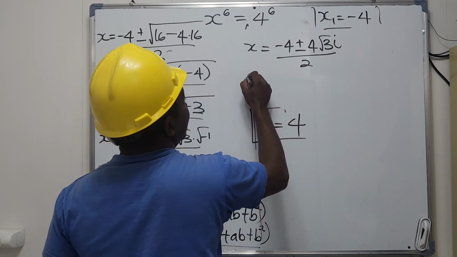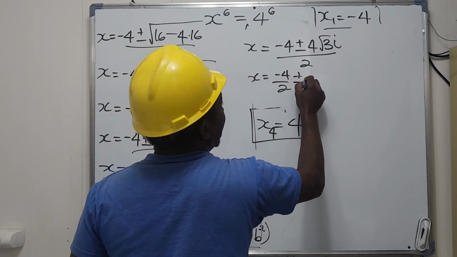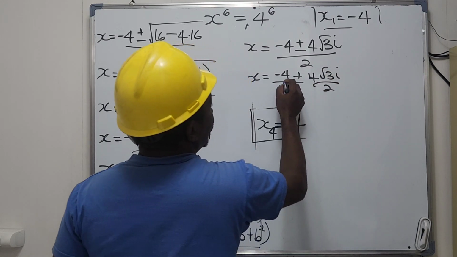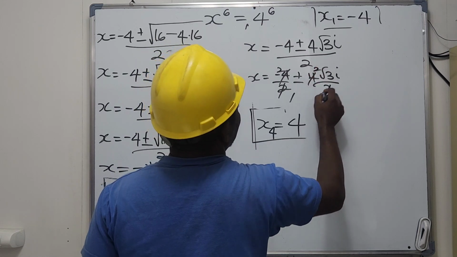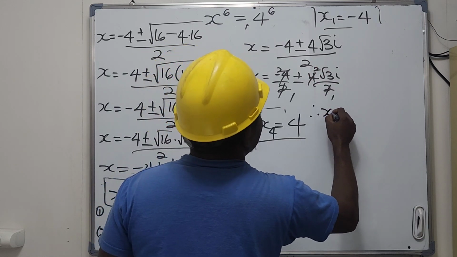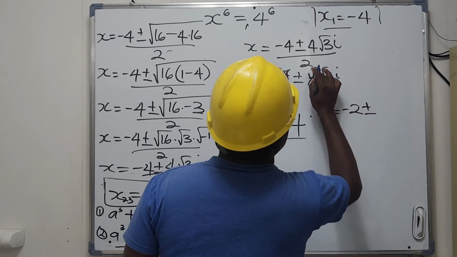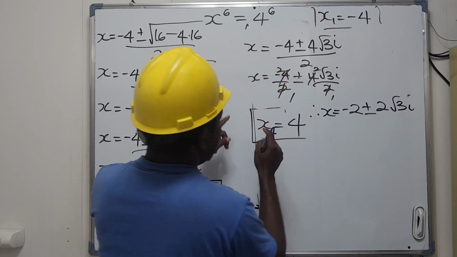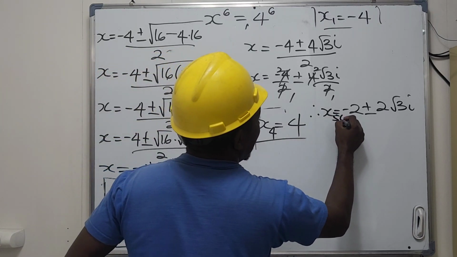This is the same thing as x equals minus 4 all over 2 plus or minus 4 root 3i all over 2. 2 cancels here, 2 cancels here, 2 cancels here, and 2 cancels here too. Therefore, the value of x will become minus 2 plus or minus 2 root 3i. So we had here x4, so this is x5 and x6.